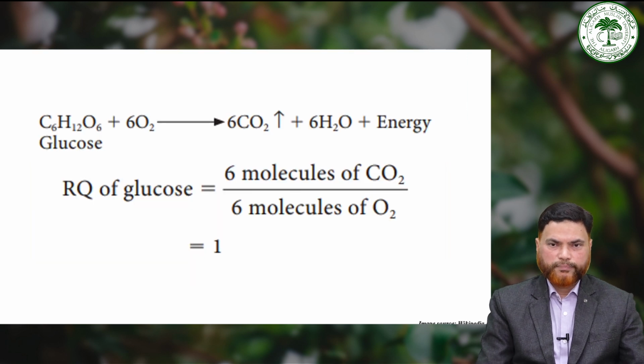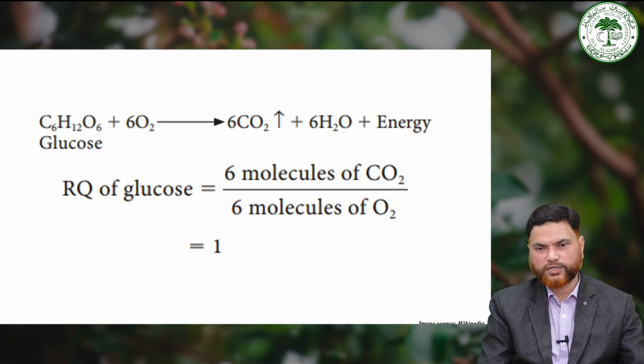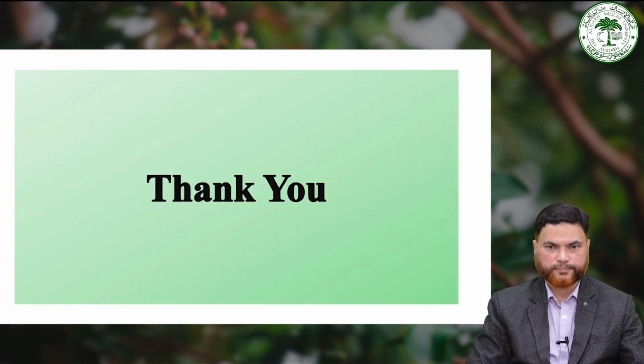As you see, the basic equation for aerobic respiration involves the breakdown of a glucose molecule into carbon dioxide and water, and energy is produced in this reaction. In this reaction 6 molecules of carbon dioxide are produced and 6 molecules of O2 are consumed, and so the RQ for this reaction is basically 1.